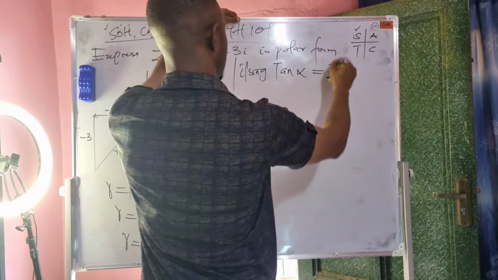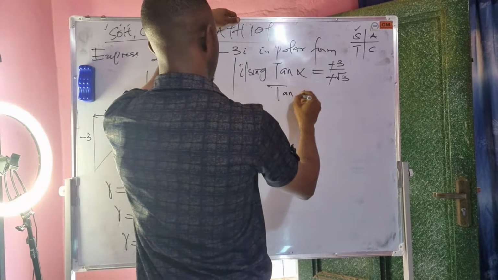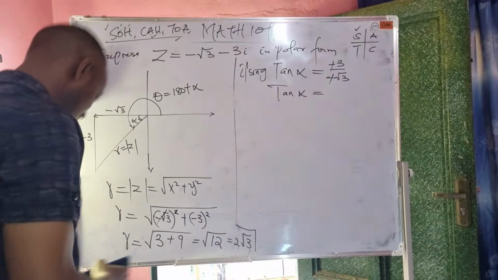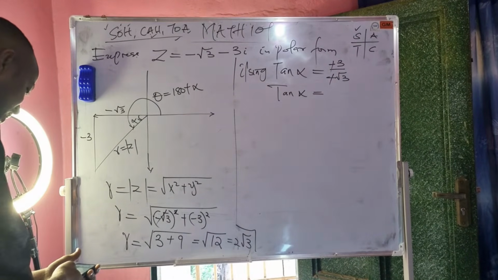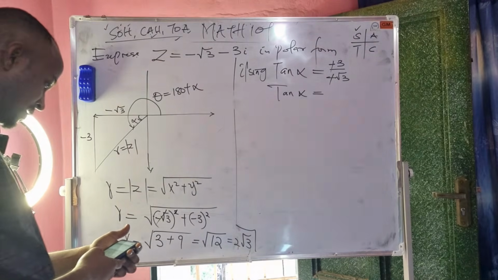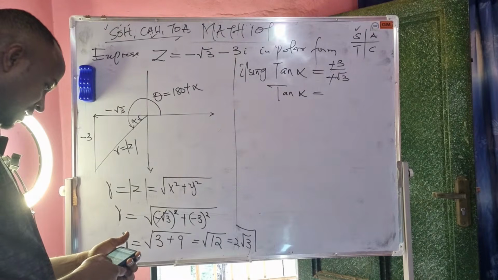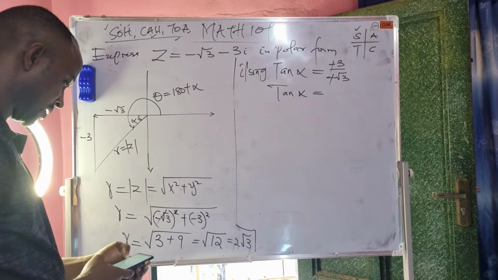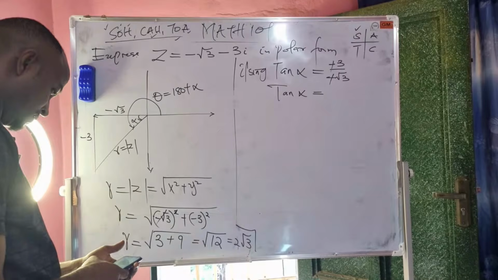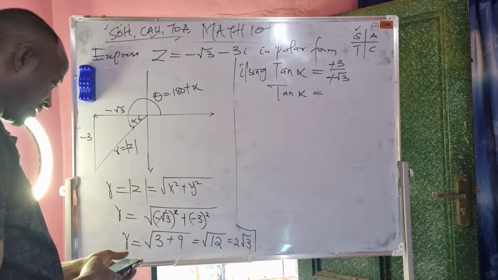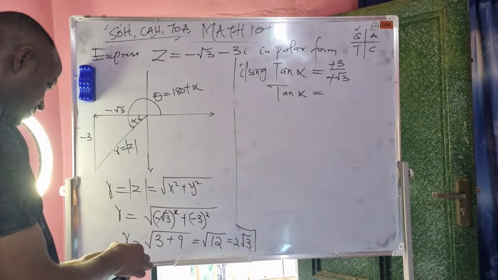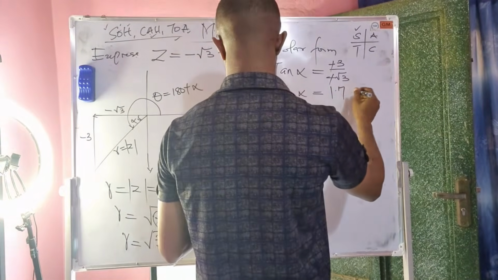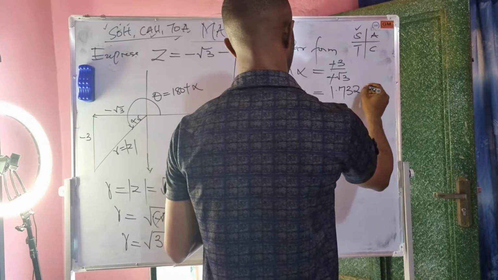So this can go with this. We're going to have tan alpha equals, let's divide 3 with root 3. That will give us about 1.7321.